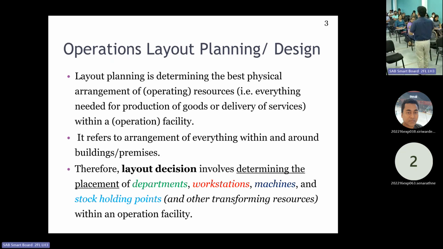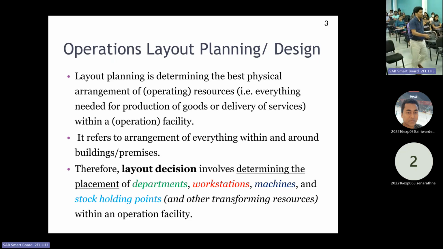In service organizations, like at a bank or supermarket or any such place, in different departments, workstations within the service outlet, in such a way that service providers can efficiently utilize the machines and resources there and customers can efficiently get their services done. Understanding? So arranging the physical resources within the operations facility is what we call facility layout.